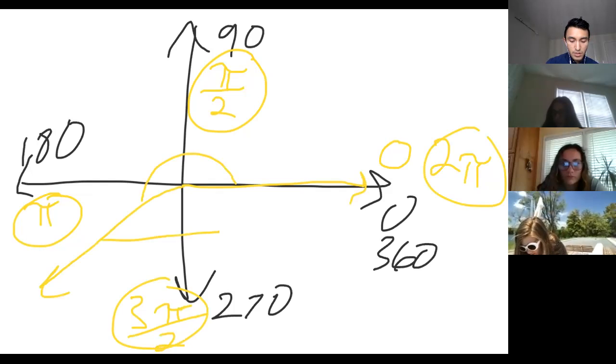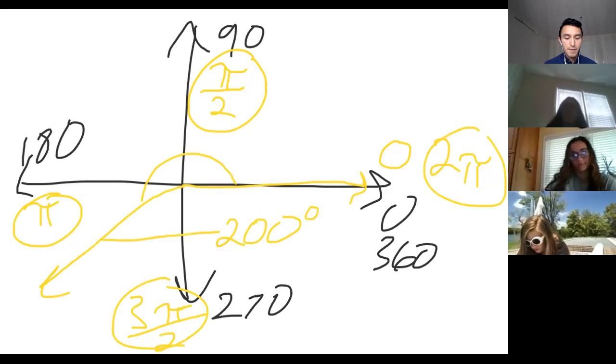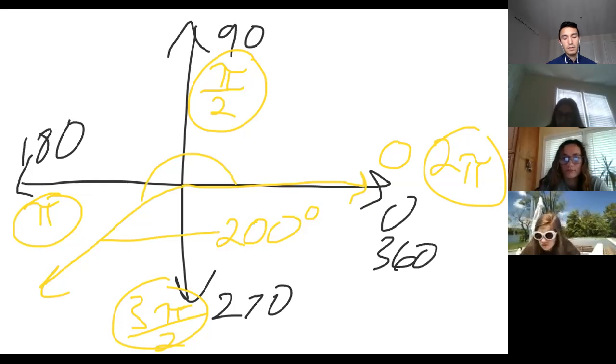If this is 200 degrees, the way to do that is kind of intuitive: if pi is 180 and I'm at 200, I'm bigger than 180. By how much though? By 20 degrees.